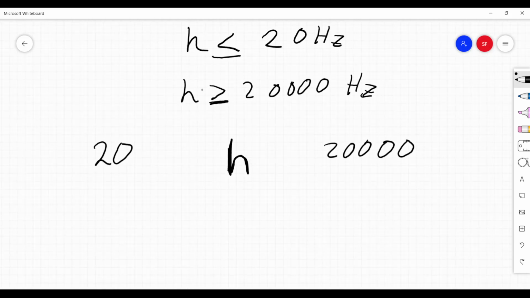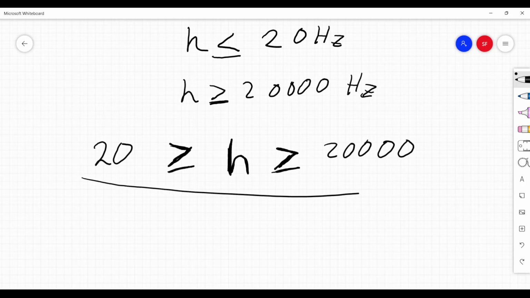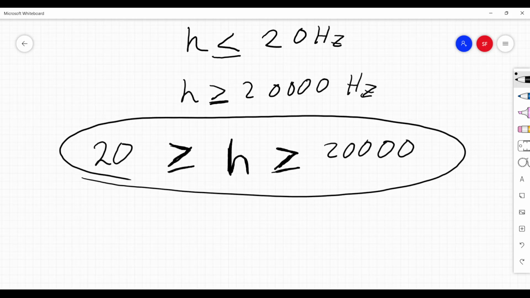The alligator's eating the H on this side, so it's got to be this way. It's eating the 20 on this side, so it's got to be that way. Does that make sense? Understand how we got this? This is the first part of the right answer. Then we're going to graph it after that.